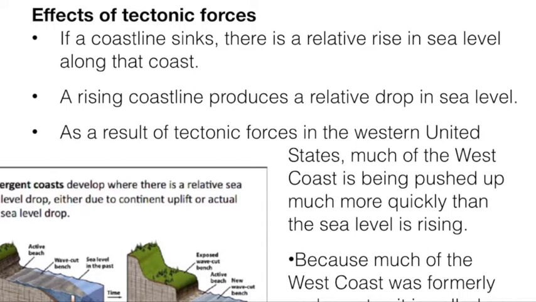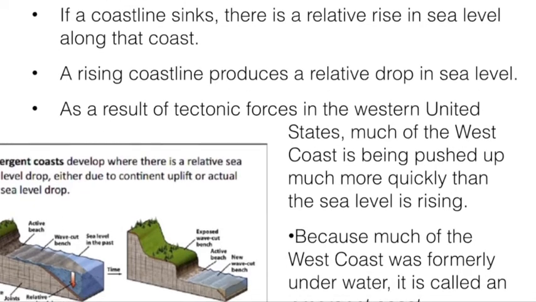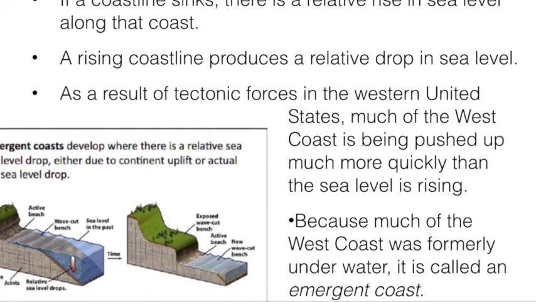In the case of California, California is being lifted up. So parts that were underwater are now being lifted, and so you get what's called an emergent coast, where it was underwater before and now it's a beach.